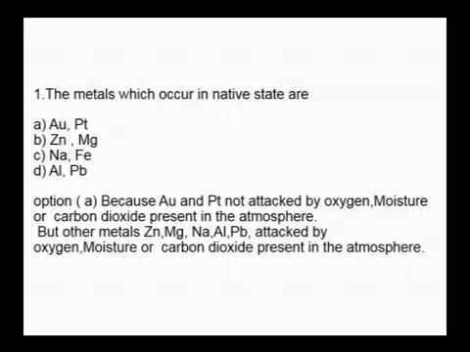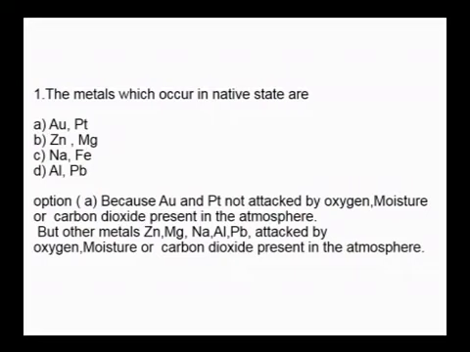So here, Au and platinum are less reactive. They are not attacked by carbon dioxide or moisture of air. Yes, they occur in a free state. Therefore, option A, because Au and platinum are not attacked by oxygen, moisture or carbon dioxide present in the atmosphere.